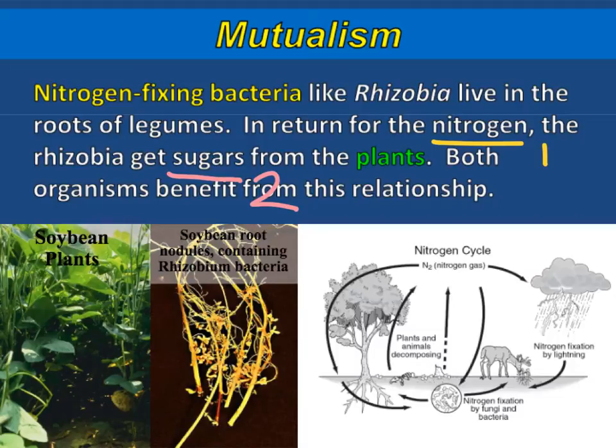The relationship between bacteria and plants are mutualistic because they both benefit from one another. Bacteria give plants nitrogen, and in return, plants give bacteria sugars. They help each other out, so therefore, they are both happy. Mutualism.